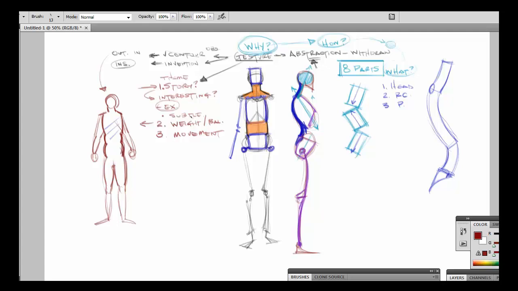Number two, we have to have something that communicates a display and difference of weight and visual balance that also, number three, shows and showcases a sense of movement. And what we're going to use to do that is gesture and the gesture curves, which are going to be asymmetrical lines.